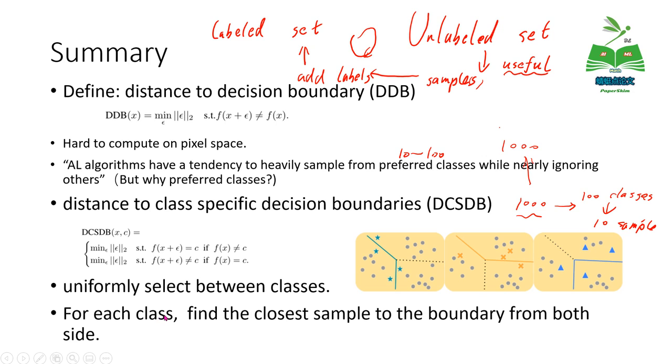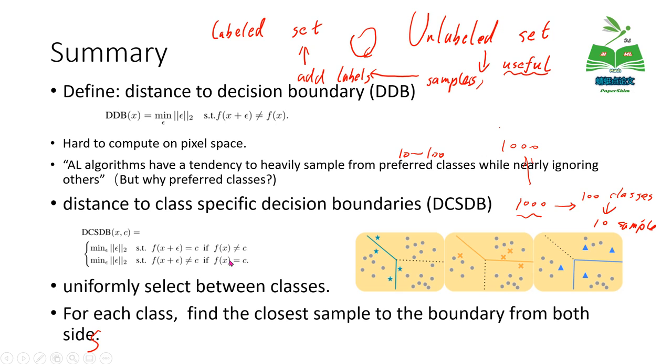And then for each class, how we define the top K is also using the decision boundary, but now it's the x of c, namely finding the top K closest samples to the decision boundary from both sides. Both sides, what does it mean? The f(x) can be c, and it can also be not c.